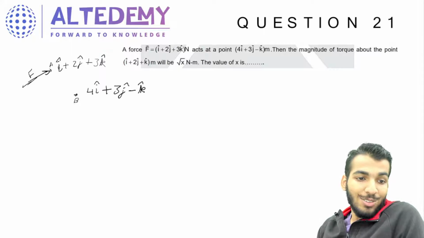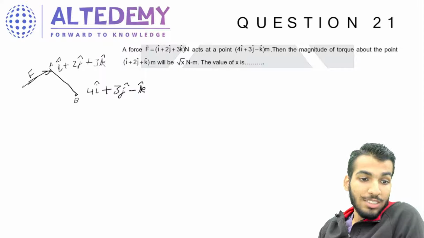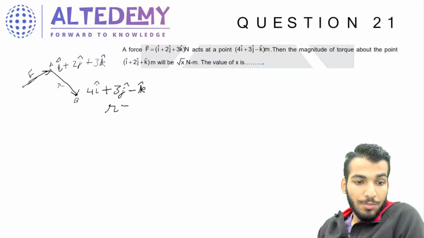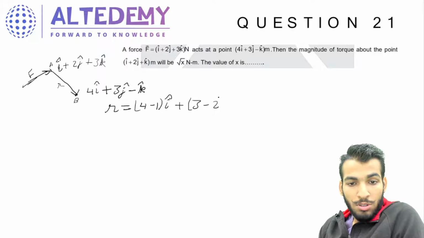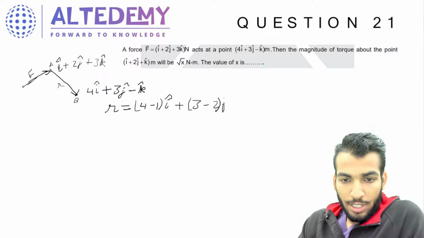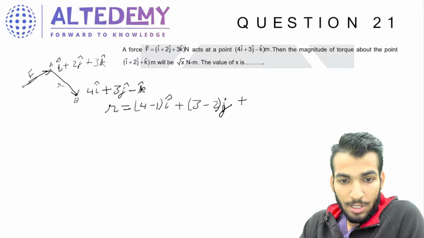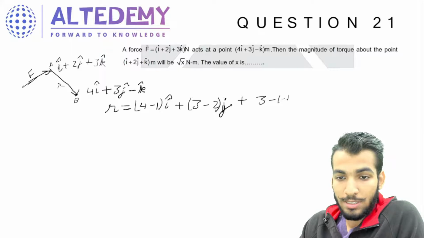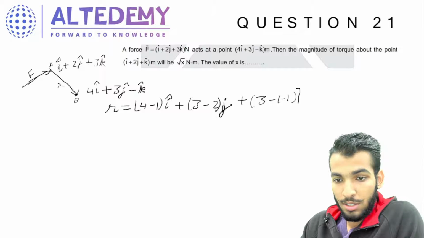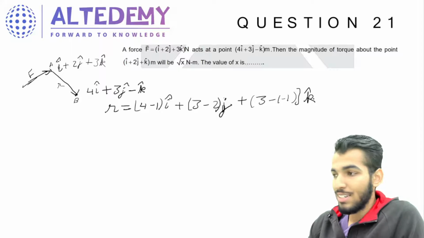So we need to find r. So r would be vector b minus vector a. That is the thing we need to find. So r will come out to be (4 minus 1) I cap plus (3 minus 2) j cap plus (3 minus 1) k cap, right?